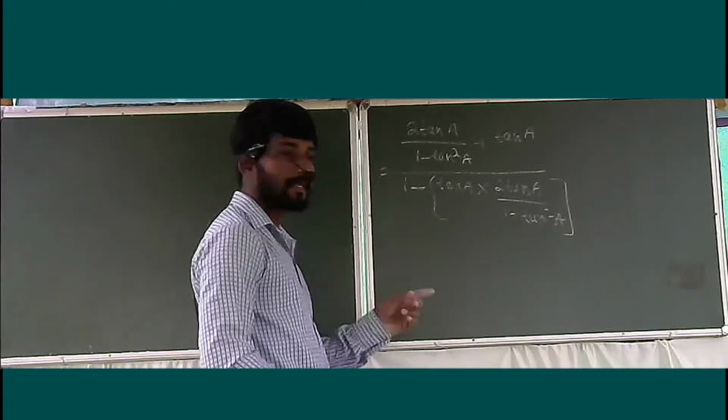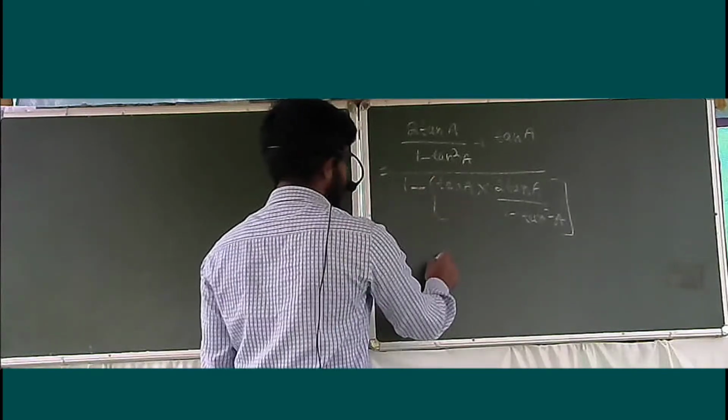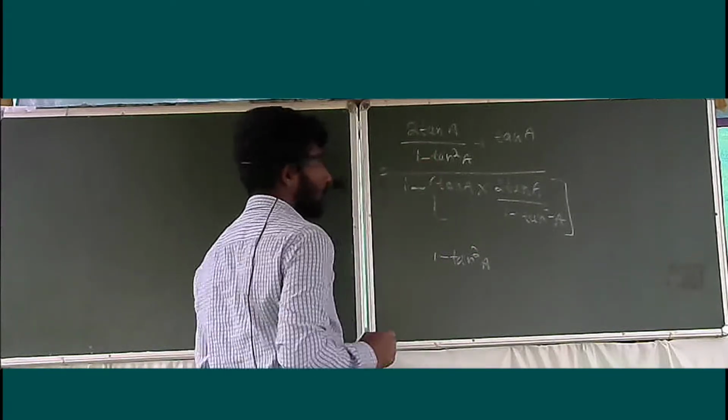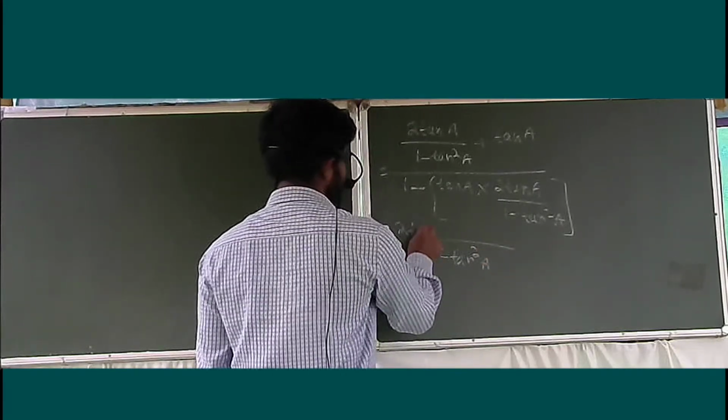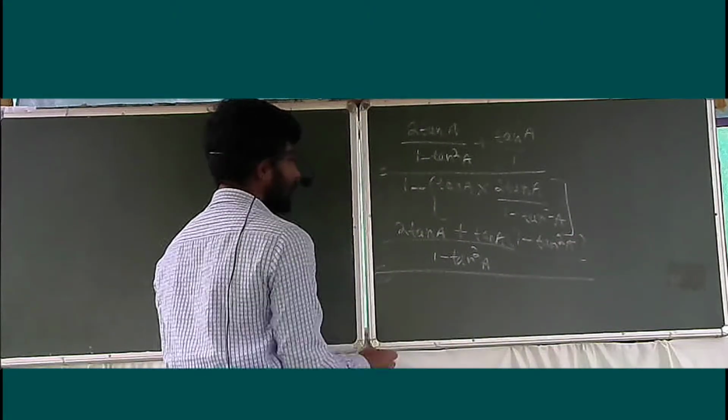In the next step, simplify this one. See, what's the LCM for the numerator? 1 minus tan square a is the LCM. Since 2 tan a has denominator 1 minus tan square a, it remains the same. It's equal to 2 tan a plus, here 1 is there, right? So cross multiply tan a into 1 minus tan square a. Whole divided by, see the denominator.